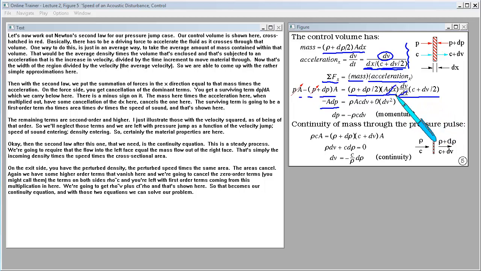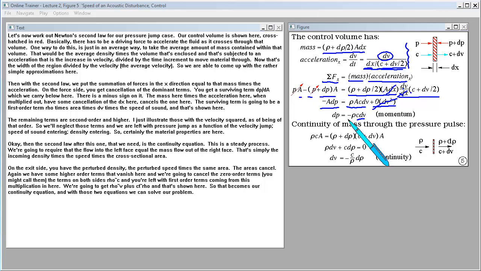The surviving term is going to be first order term rho times area times dv times the speed of sound, and that's shown here. The remaining terms are second order and higher, and I just illustrate those with the velocity increment squared as being of that order. So we neglect those terms, and we're left with the pressure jump as a function of the velocity jump. Speed of sound entering, density entering. So certainly the material properties are here.